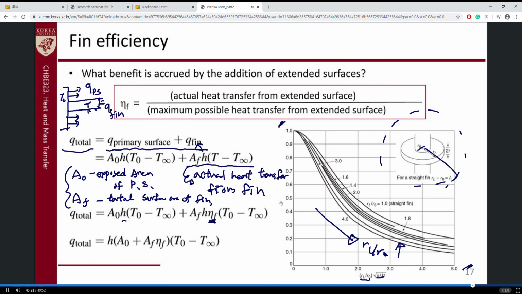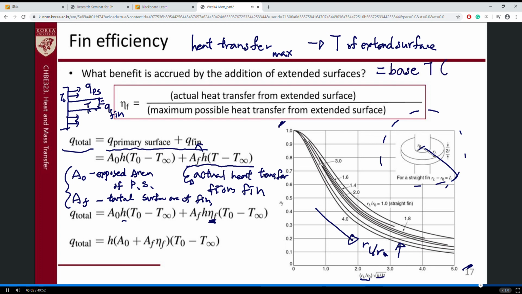Think about that. How can you maximize the efficiency? The heat transfer can be maximized when the temperature of the extended surface equals the base temperature.